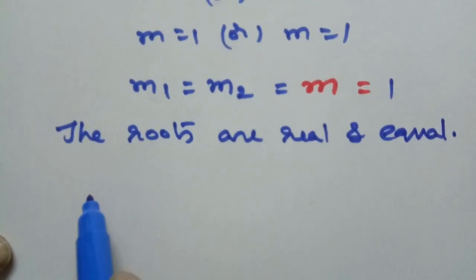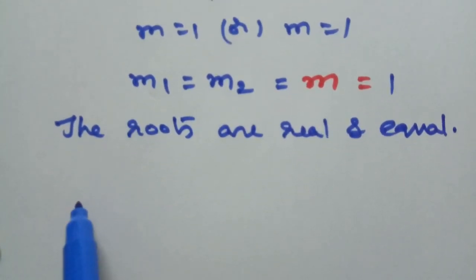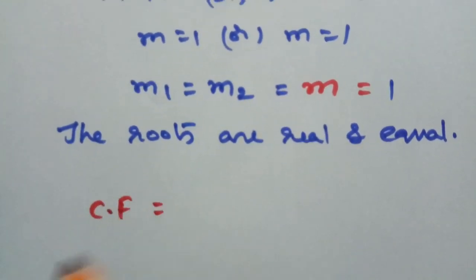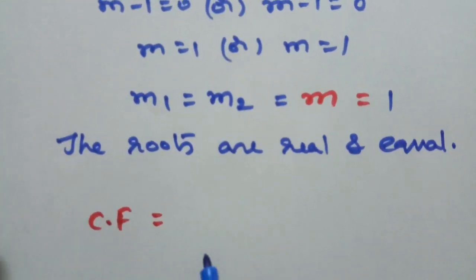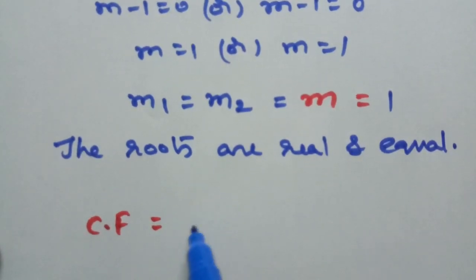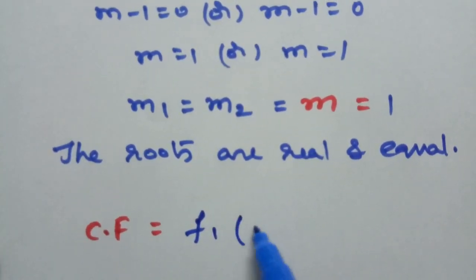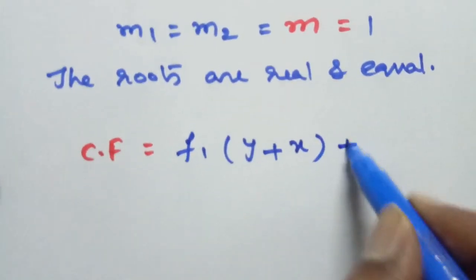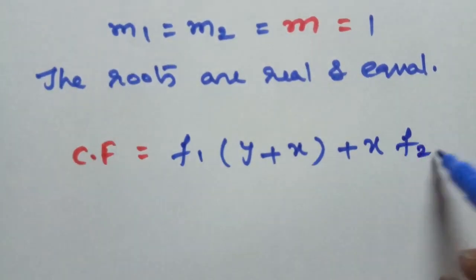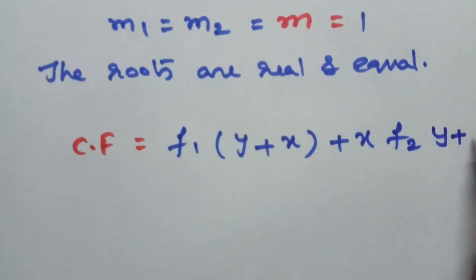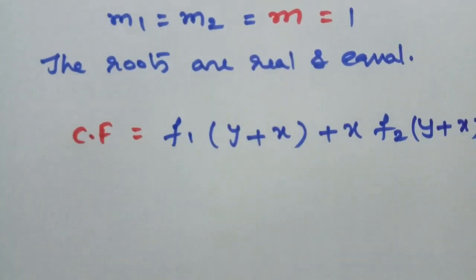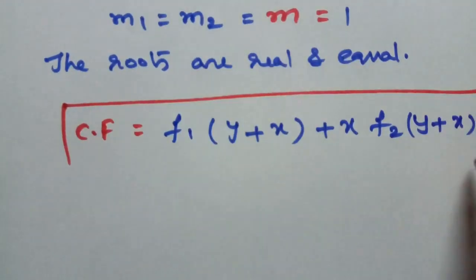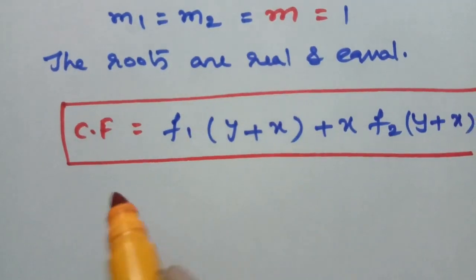Therefore complementary function CF is equal to f1 of y plus mx plus x into f2 of y plus mx, which is the complementary function for the given equation.